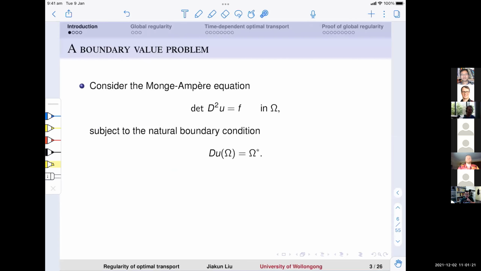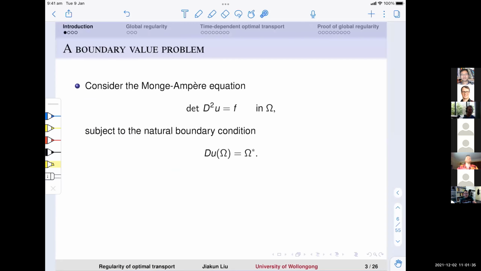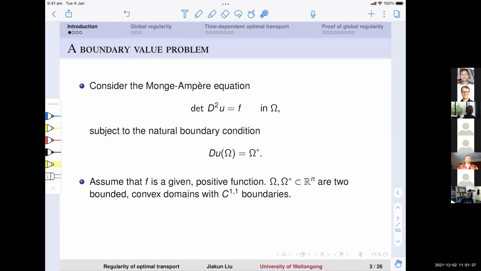Okay. All right. Now let's start from part 1. The equation we are going to look at is the standard Monge-Ampère equation, that is, determinant of D2u equals f. However, the boundary condition we are going to look at is the natural boundary condition, Du(Omega) equals Omega star. In this talk, we are going to assume the function f is given and is a positive function. Therefore, we look at the convex solutions, and the equation becomes an elliptic equation.